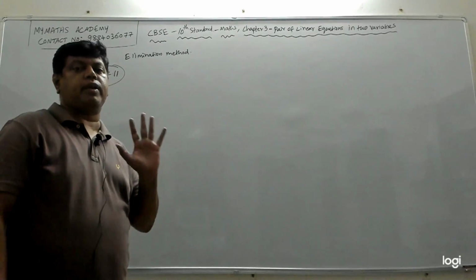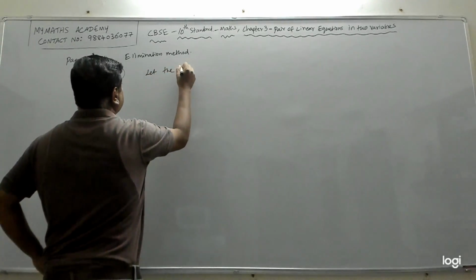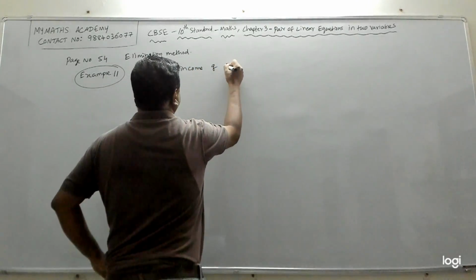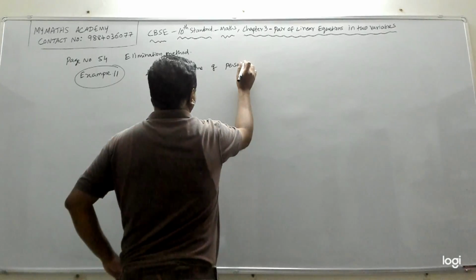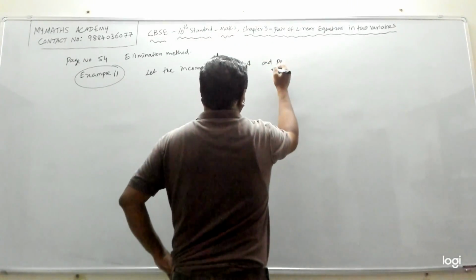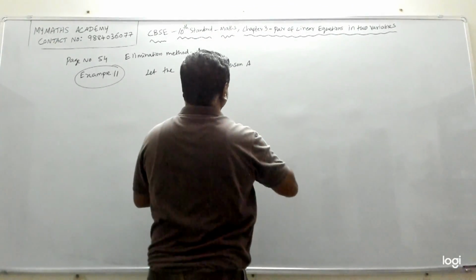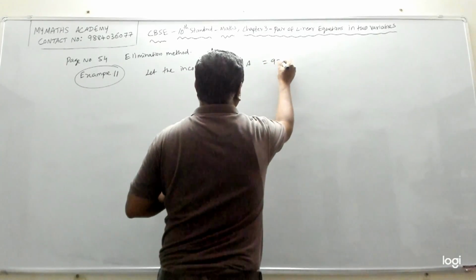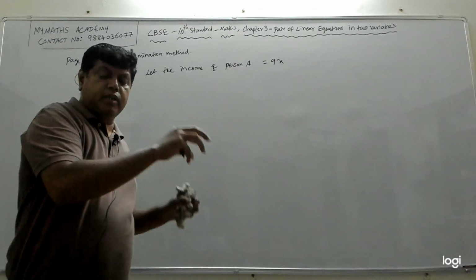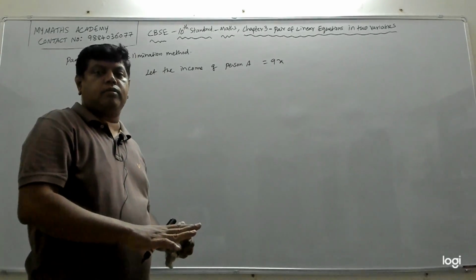So let the income of person A be 9x. Don't say x, it is 9x, because the ratio is 9:7, which means one person's income is 9x, and the other person's is not 7y, it is also 7x.